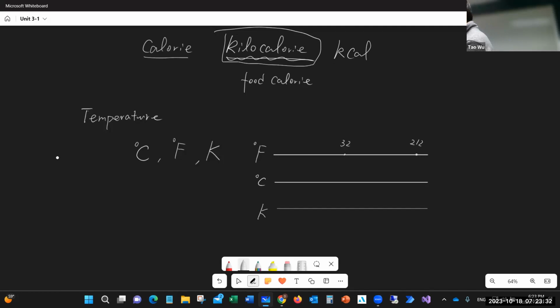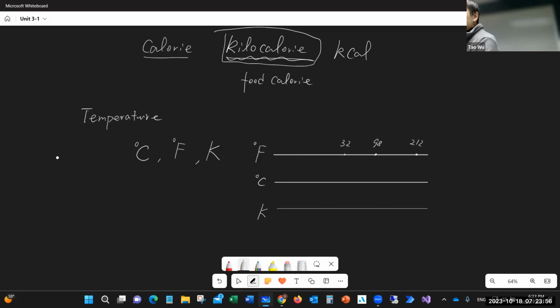How about the body temperature? 97 something, right? Let's just say 98, okay? Internal body temperature. I'm not a nurse or doctor, so I don't know. I'm just using 98.